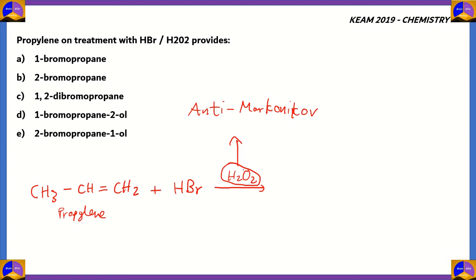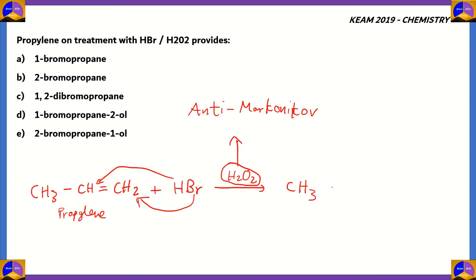But when you put in H2O2, the opposite effect takes place. So that means, first, there won't be a double bond here, and secondly, the H goes to this part of the double bond, because it has fewer H atoms, and the bromine goes to the other part of the bond which has more H atoms.